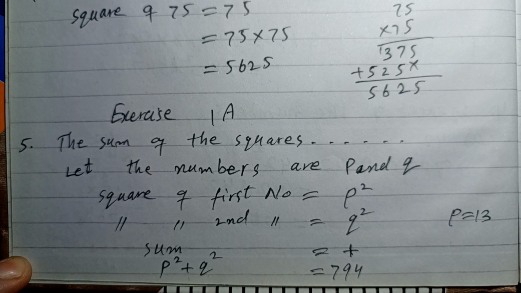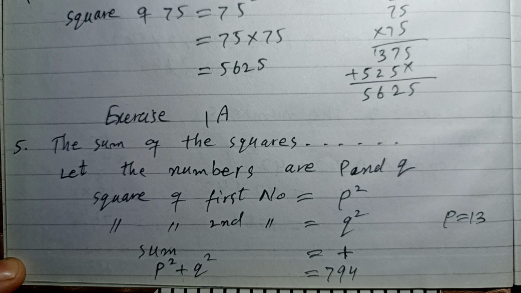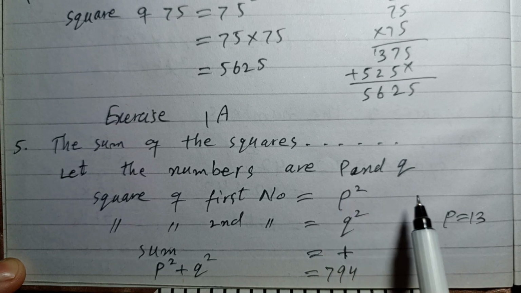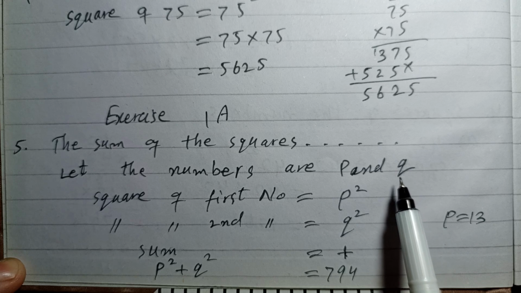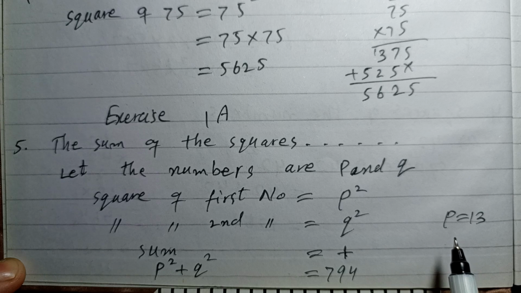As in the question he is saying that any of the numbers is 13, we can call it P number or Q number. I have given 13 to P. You can give it to Q. You can also say that Q is equal to 13. Then we have to find the next number. Now let us solve it.